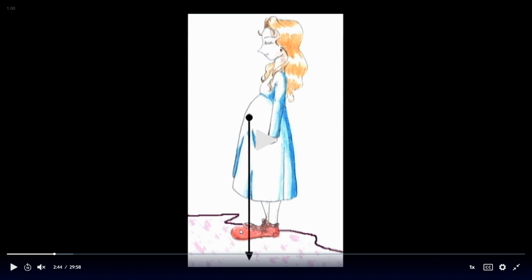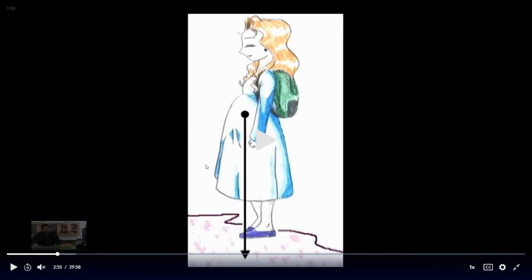Backpacks. By putting on a backpack and loading that up, that would shift the center of gravity a little bit backwards, so that her center of gravity, her center of mass, is over her base of support.